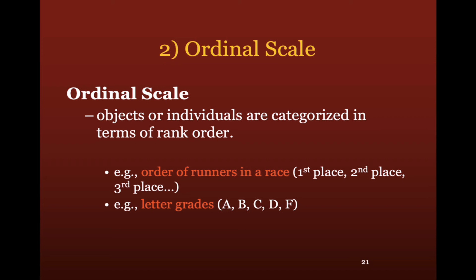Most likely I want to assign a 1 to first place, a 2 to second place, and a 3 to third place, because the first place person is ahead of the second place person, and the second place person is ahead of the third place person. So the order in which I assign numeric values to these different outcomes has importance and meaning to it. So I can't just randomly assign values or numbers like I did with nominal data, right?